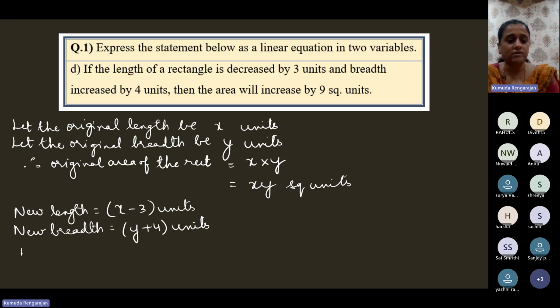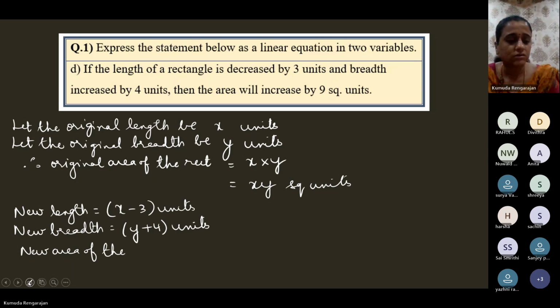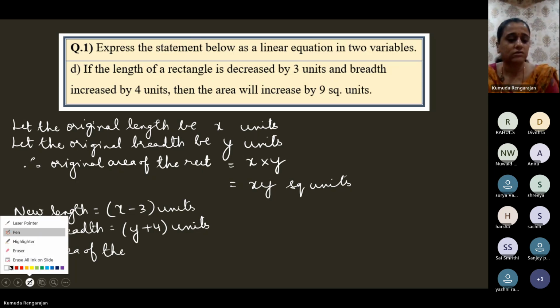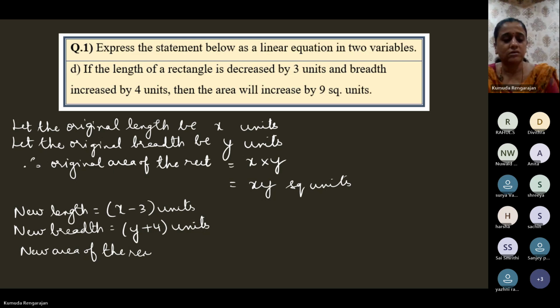So new area of rectangle is equal to, the area will increase by 9 square units. So what was the original area? XY.